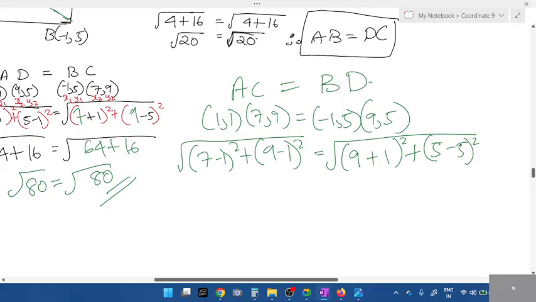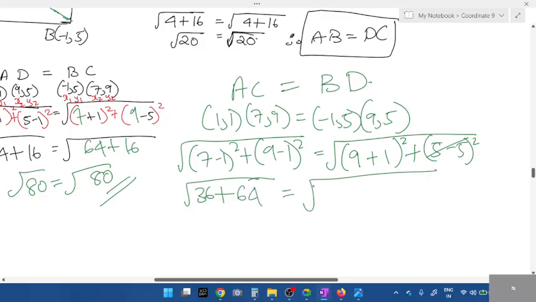How much is 5 minus 5? 0. This becomes 0. What is 7 minus 1? 6 square. 36 plus 9 minus 1 is, how much is 8 square?